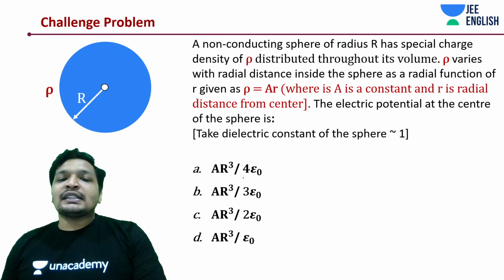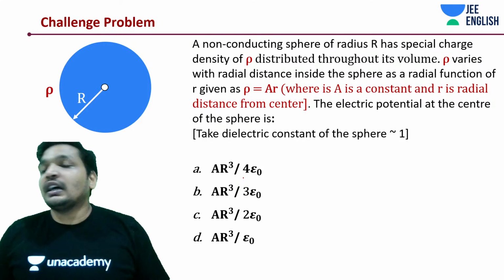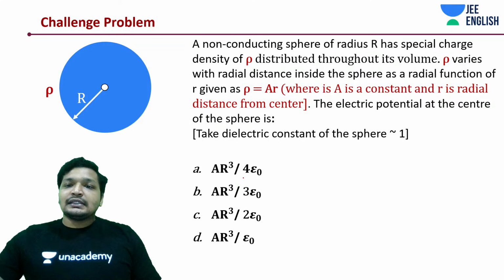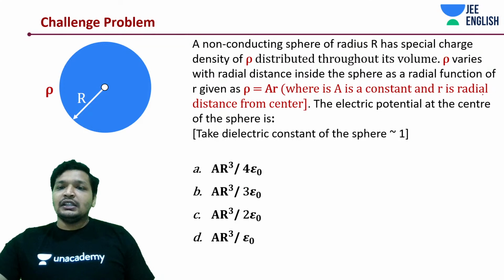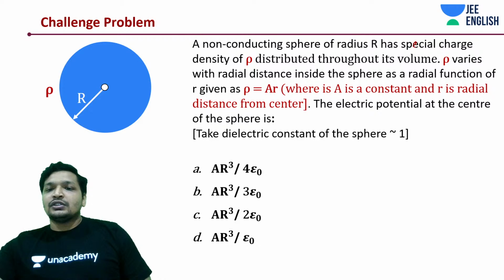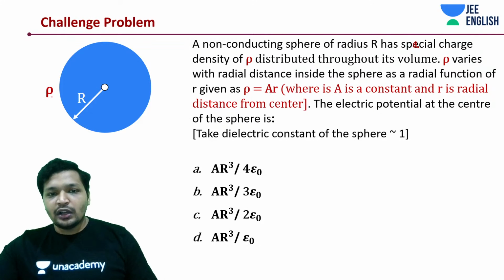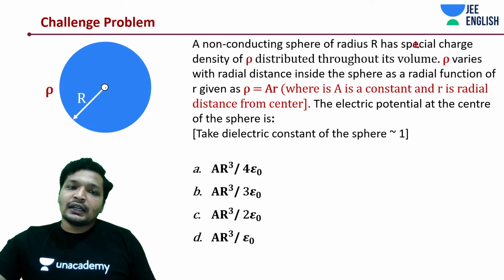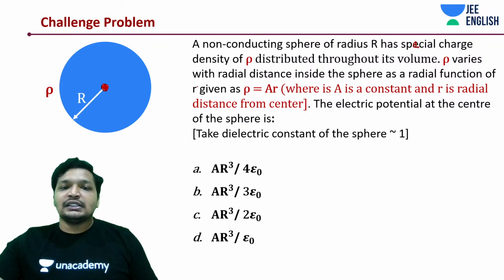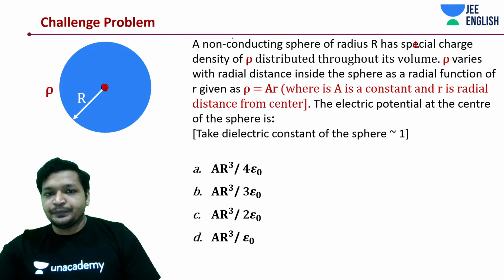Alright, now let's come to a case where you have a non-conducting sphere of radius r, and this time it has a spatial charge density rho distributed throughout its volume. Again a non-conducting sphere, but now you need to find the potential at the center, and this rho is varying with radial distance. Okay, let me read the question.